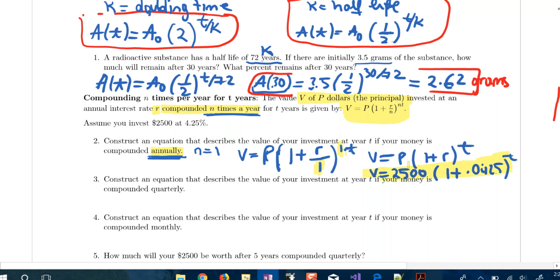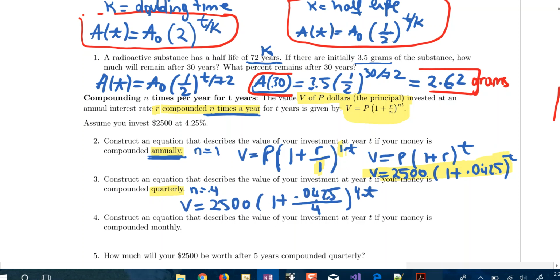All right, now for number 3, construct an equation that describes the value of your investment when it's compounded quarterly. Well, quarterly means how many times a year? What is n? Quarterly means n is 4. So the formula becomes V equals 2,500 times 1 plus the rate, which was 0.0425, divided by n, which is 4, to the power 4 times t.